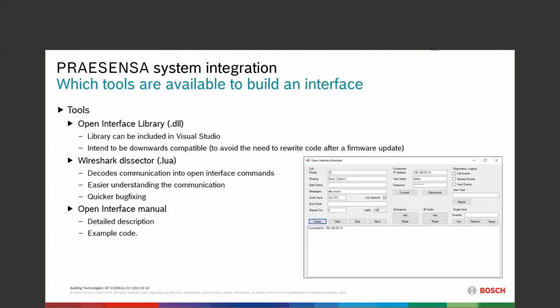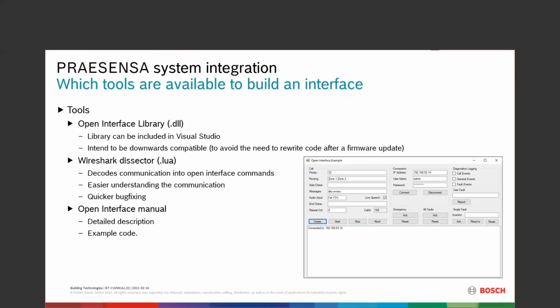And then this open interface manual. That has the detailed description of what I just explained in the previous slides. There is some example code in this manual, which you could implement by yourself. We are not publishing our own example code. It's on the wish list. I also expect this question from you to come.